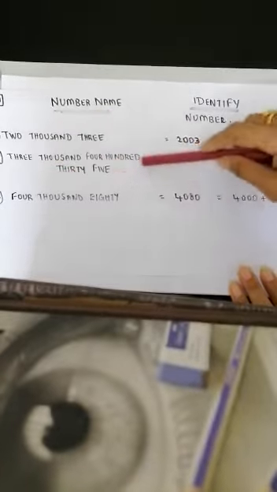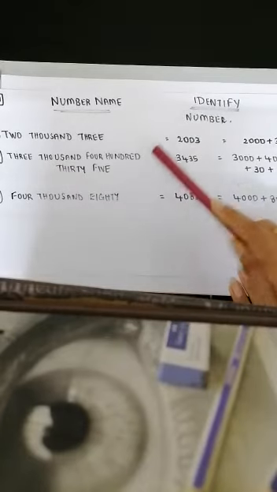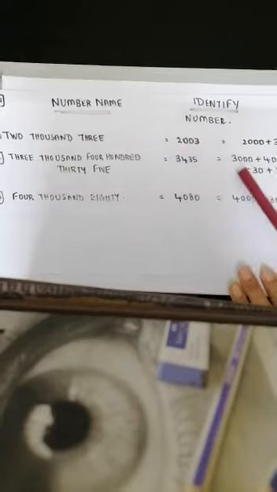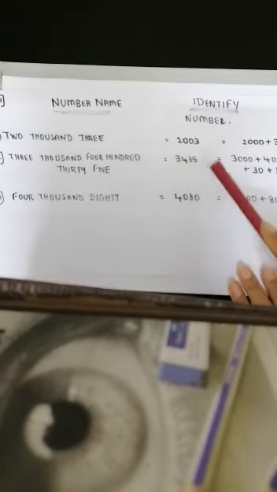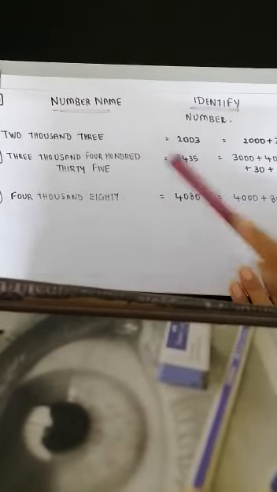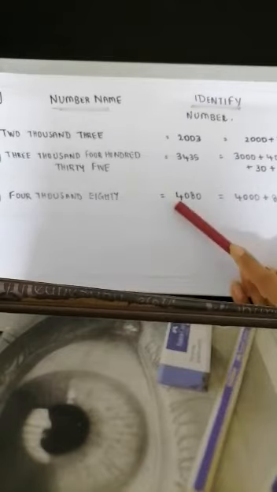So when you are given a number name, by reading itself you just mention the number and total it. 3000, mention 3000, 400, mention the 400, 30 plus 5, 3435. Last one is 4080. So 4000, mention 4000 first, plus 80, so 4080.